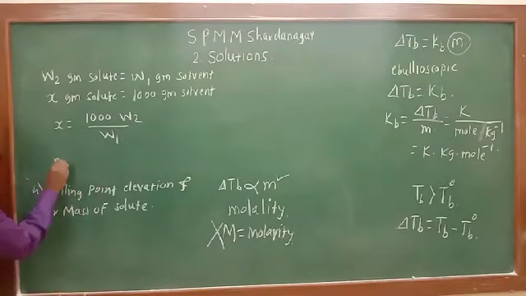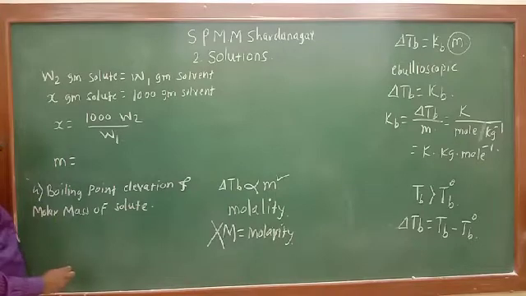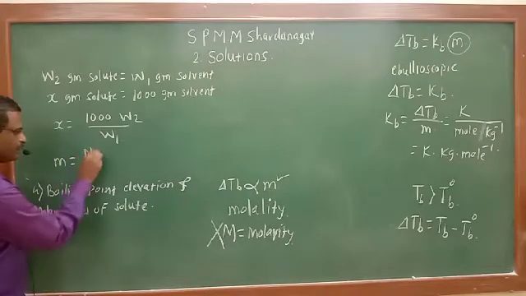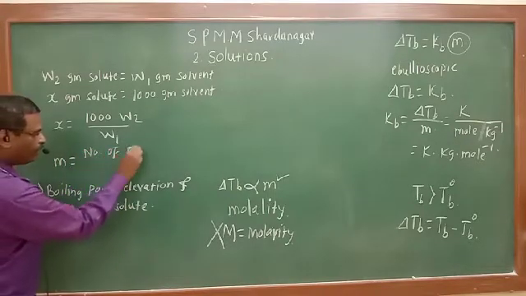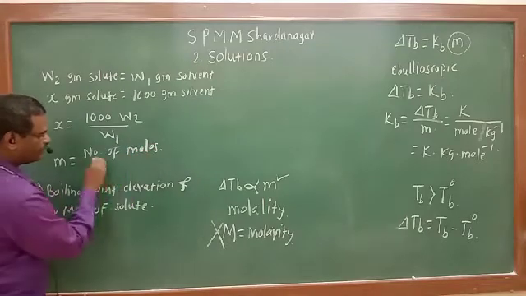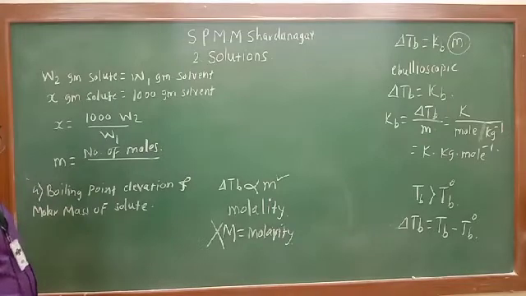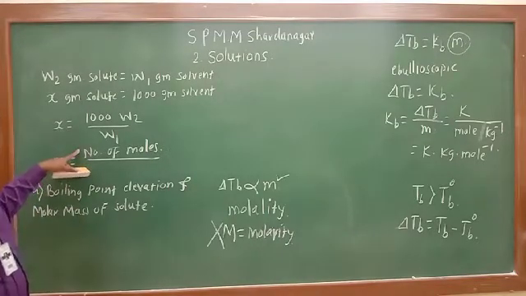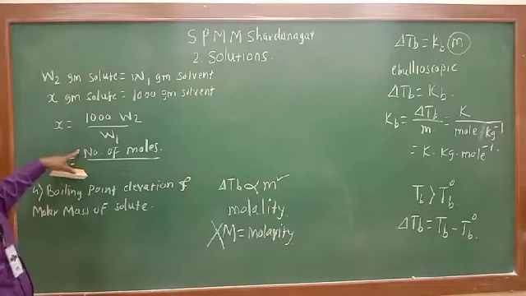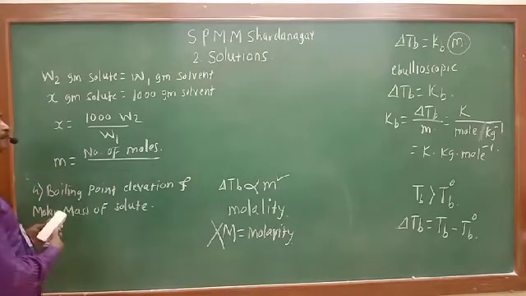Now what is meant by molality, small m? Molality is the ratio of the number of moles present per kilogram of solvent. So how to calculate it?